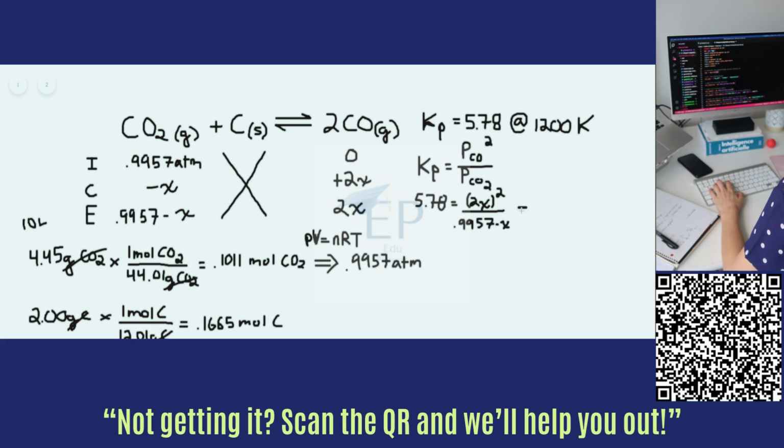Okay, and I'm not going to work all this out. You just have to rearrange to get a quadratic equal to 0. Then you can just use a quadratic calculator to find x, and you will find that x equals 0.677.